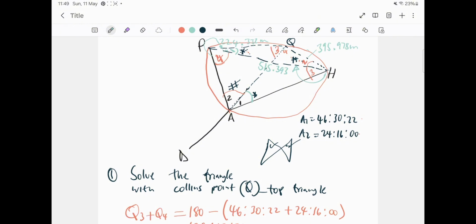Excuse me. So now to find the bearing at this point, DQ, how do we find it? We already have our two points there and our bearing. So to find DQ, we would have to do another joint calculation.